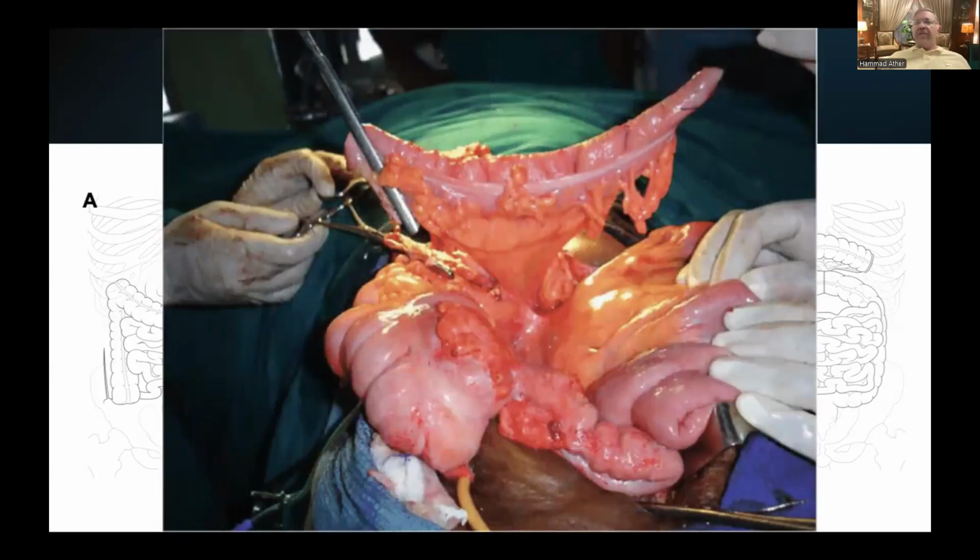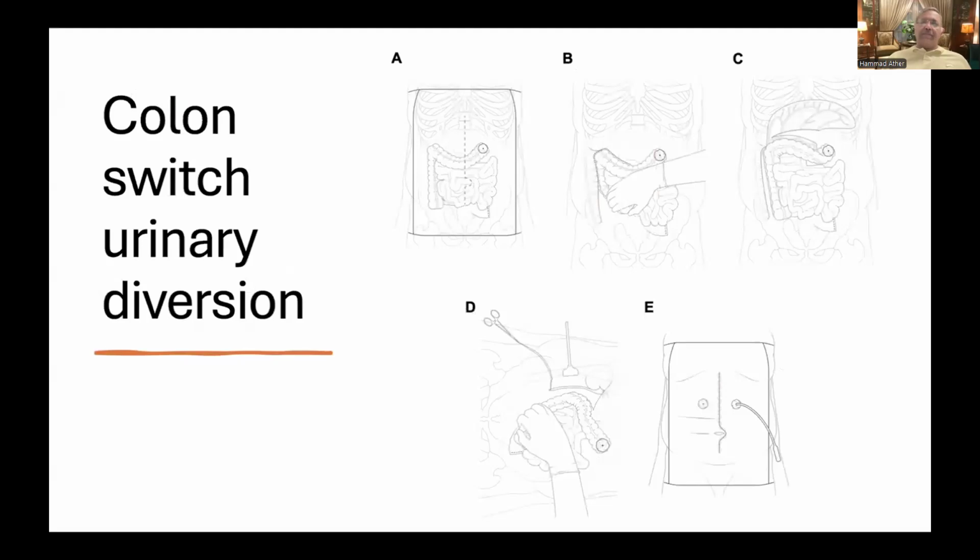So this is essentially what you have, and in a situation where the ureters are extremely compromised, that is perhaps the only solution left.